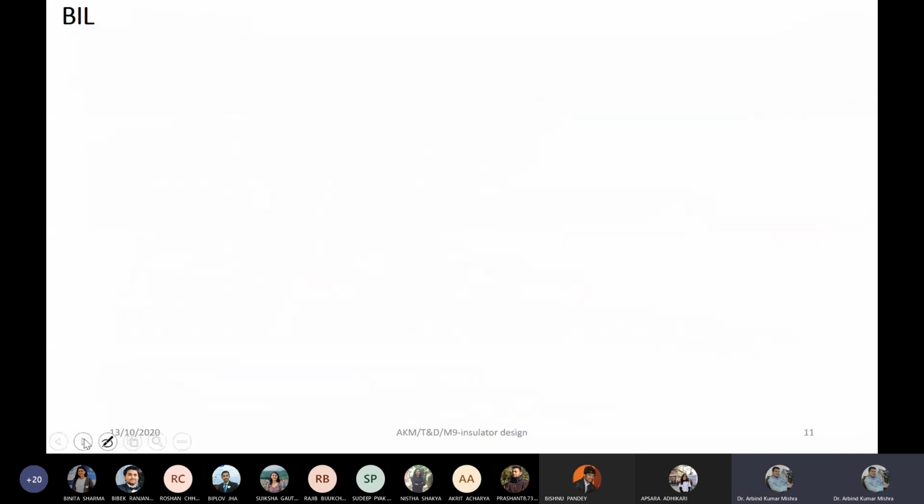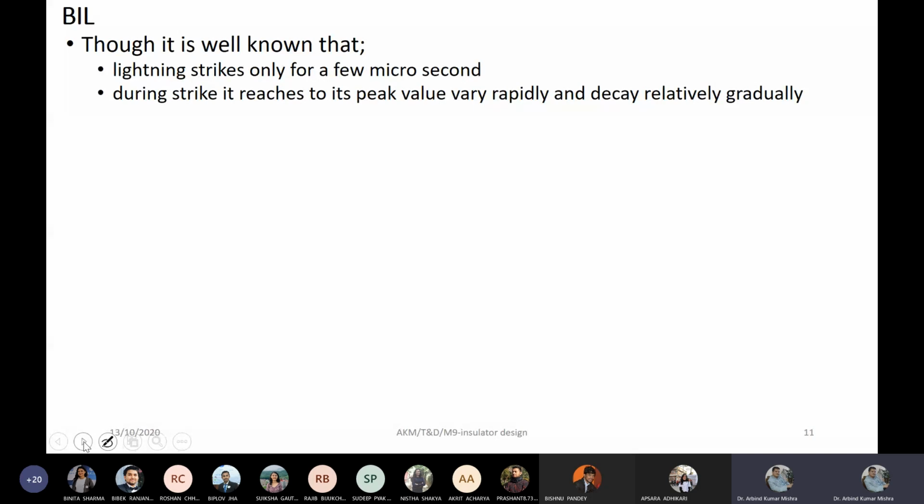One more term I would like to introduce to you is BIL, the full form of which is basic insulation level. What is the basic insulation level? Before defining this, I would like to give you some background. As we know, lightning strikes only for a few microseconds.